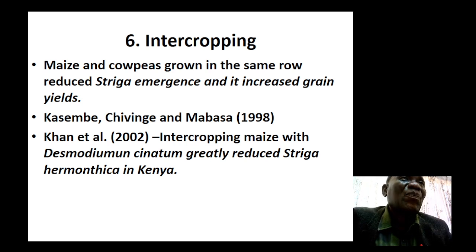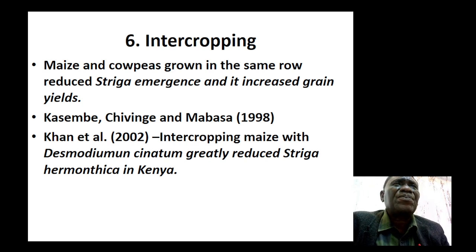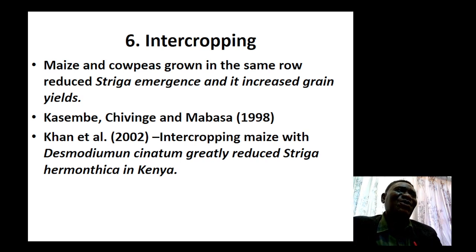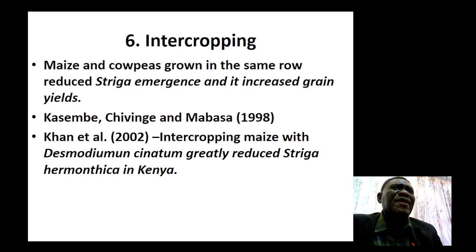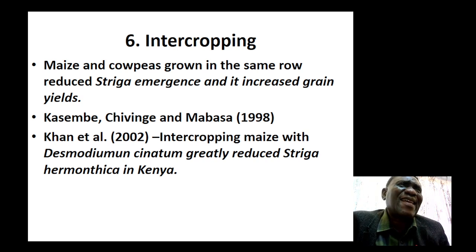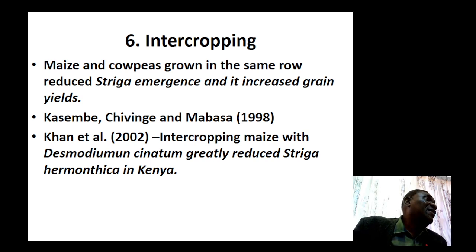Intercropping, we can intercrop maize and cowpeas, which can be grown in the same field to reduce Striga emergence, and this can increase grain yields. There's an MPhil student, Kasembe, who did an experiment as far back as 1998.